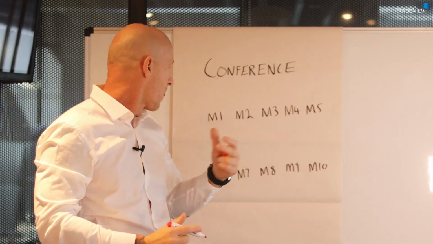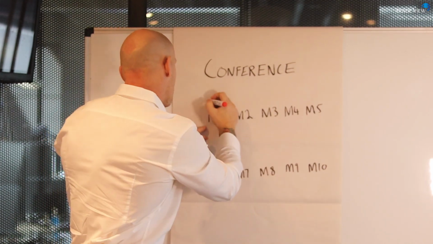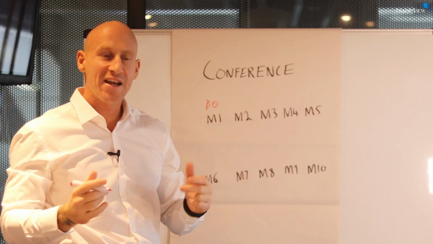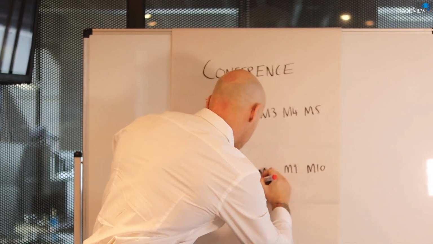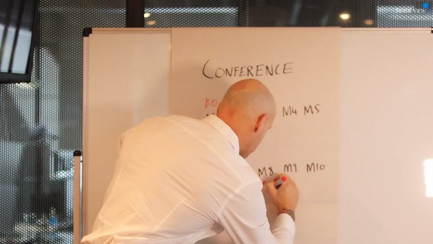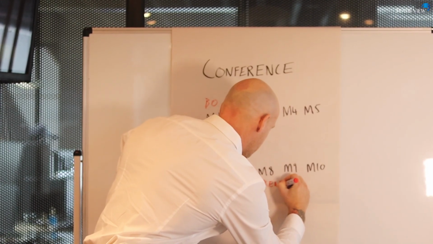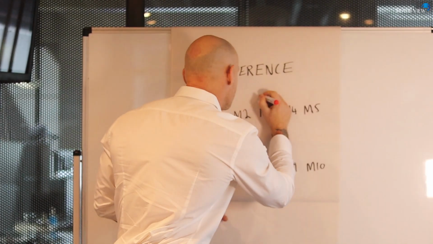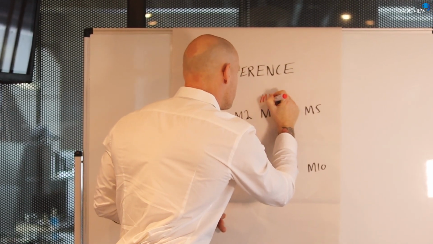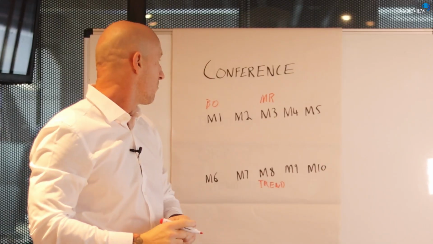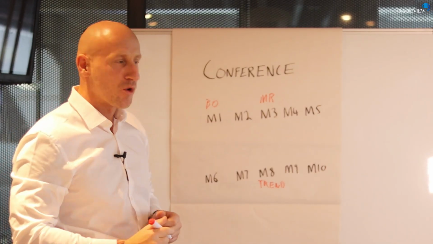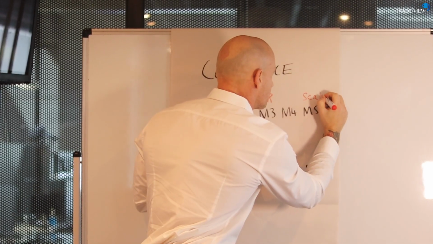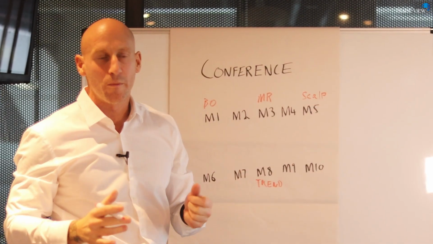So for example, we might have model 1 could be a breakout model. Model number 8 could be a trend model. Model 3 could be a mean reversion model. Model 5 could be a scalping model. And so on.